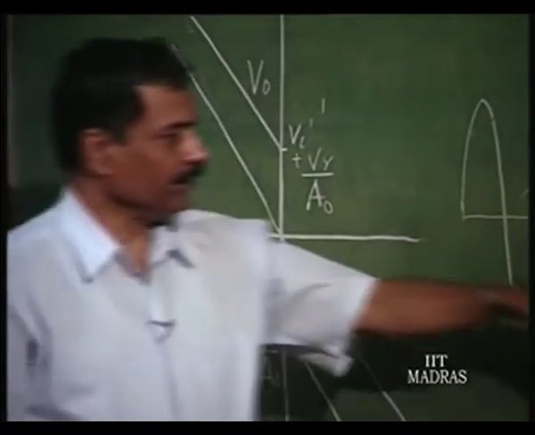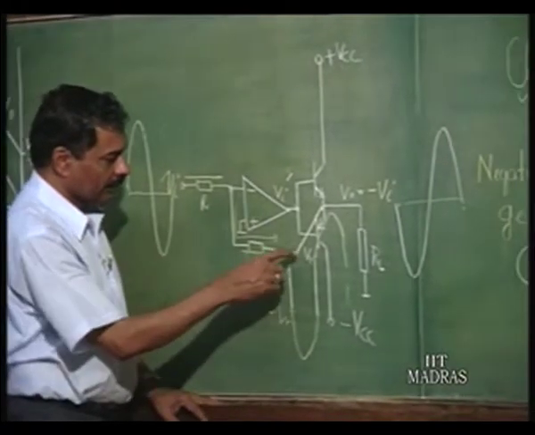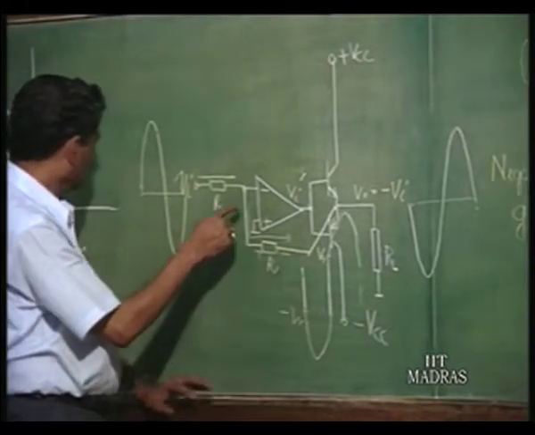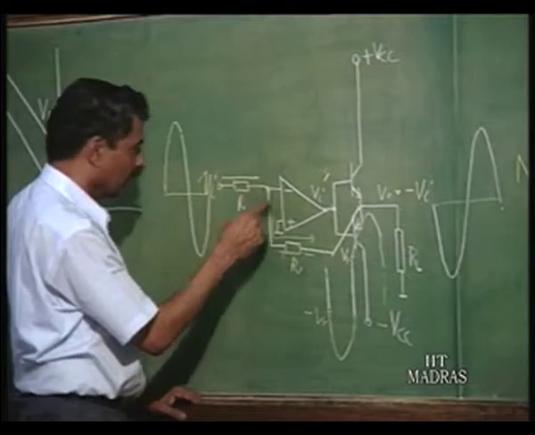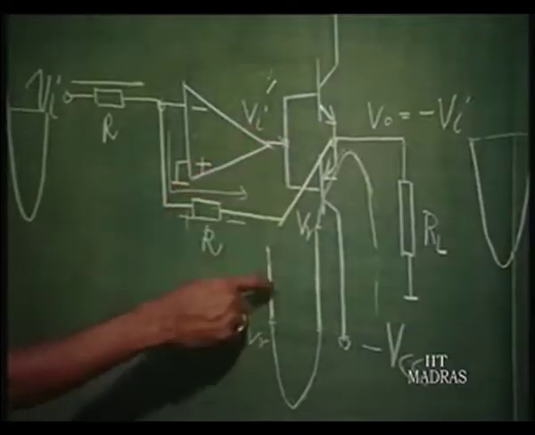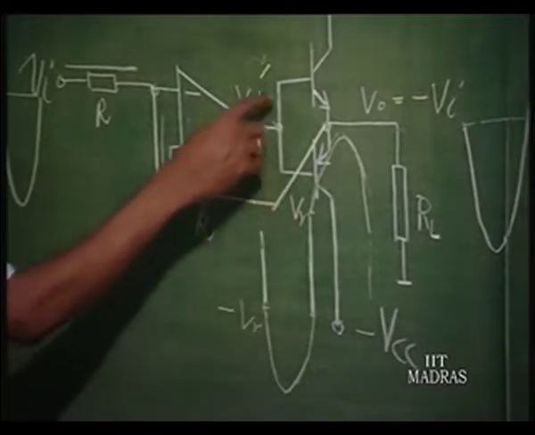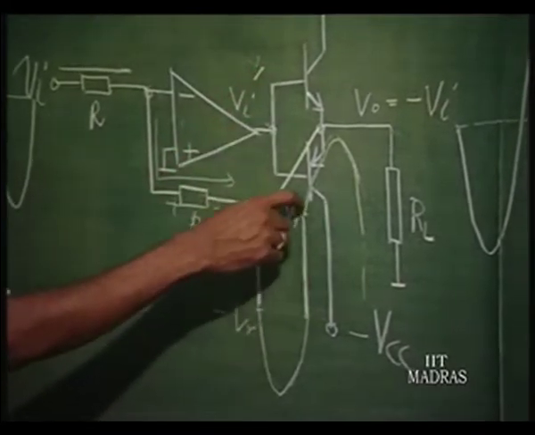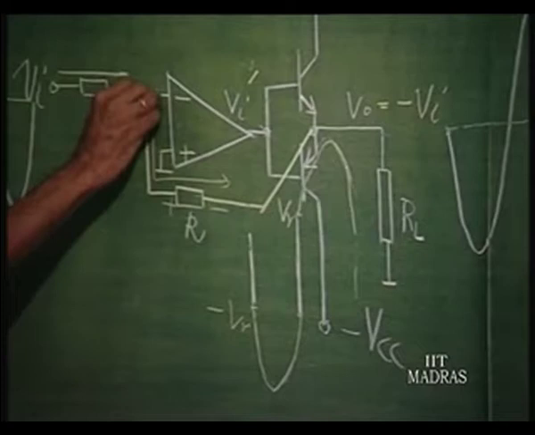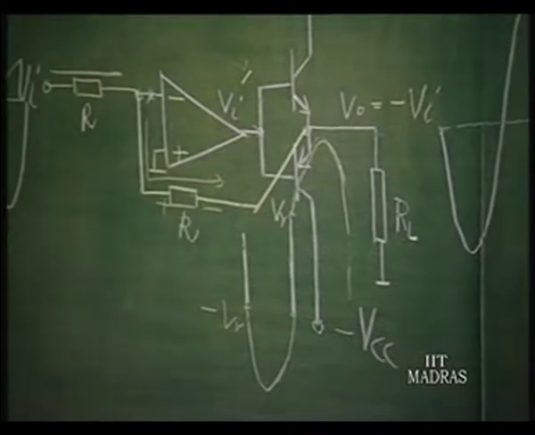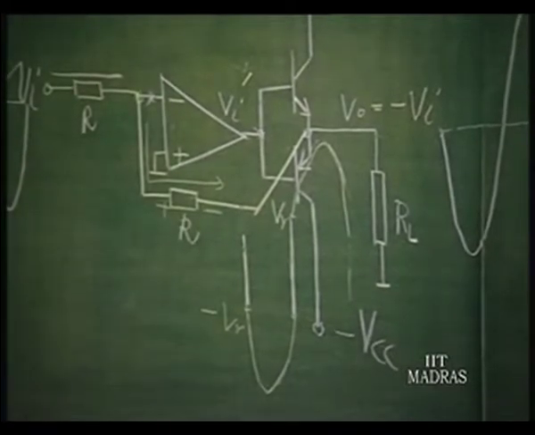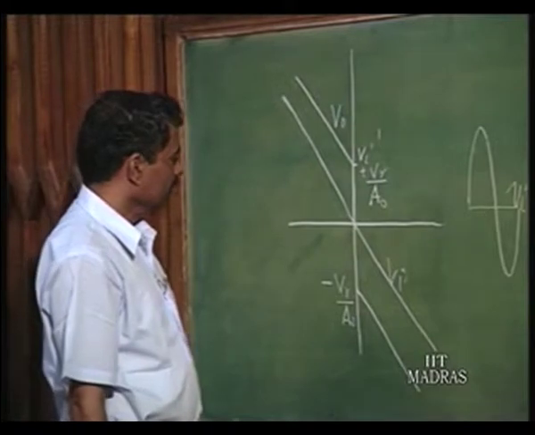So, because at this particular point, this is the characteristic, at this point it is going to be V gamma up and V gamma down, okay, and the voltage here is going to be V gamma by A naught. So, that is the error.